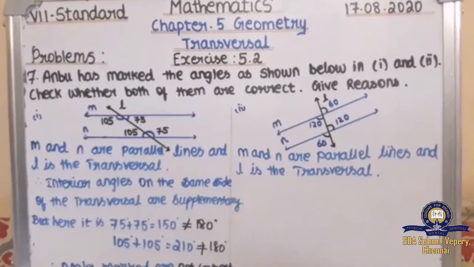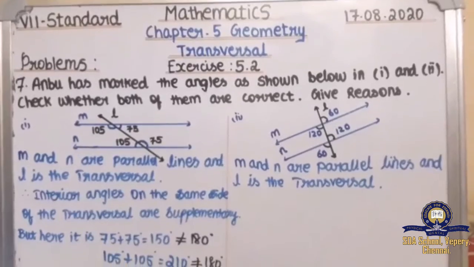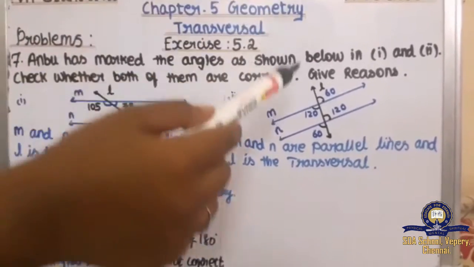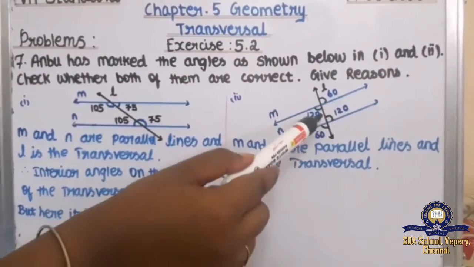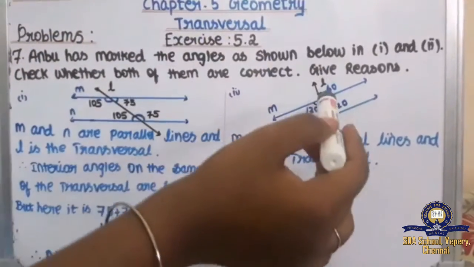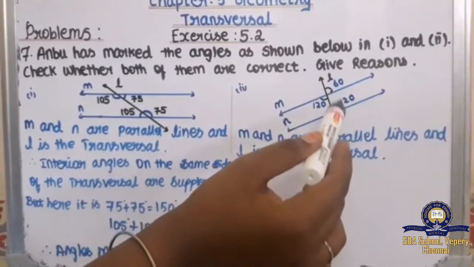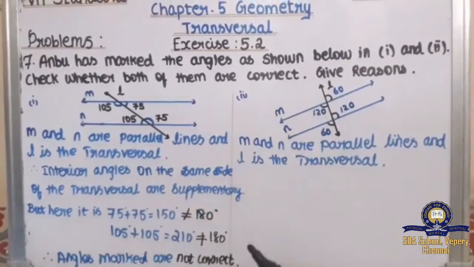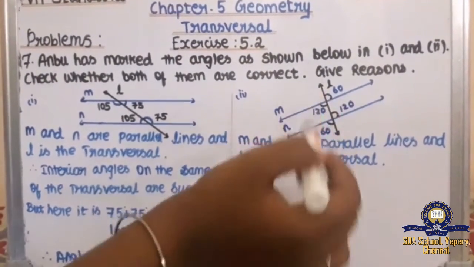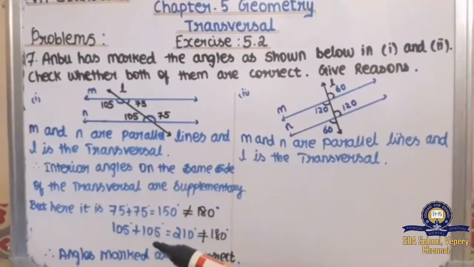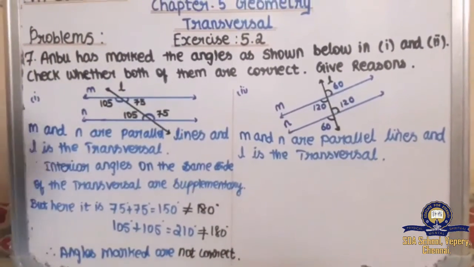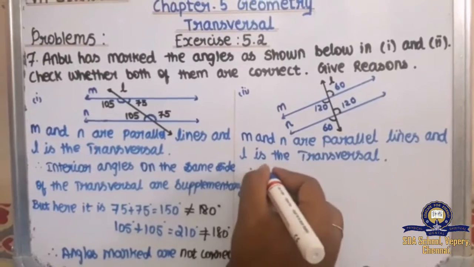So here, how do the angles look like? One is in the inner and the other is in the outer side, and here one angle is in the inner side of the line N and another is in the outer side of the line M. So therefore it lies on the same side, hence it is known as the corresponding angles. What are the angles known as?